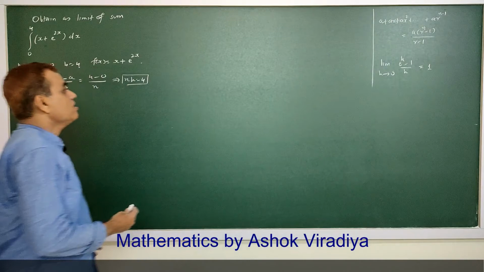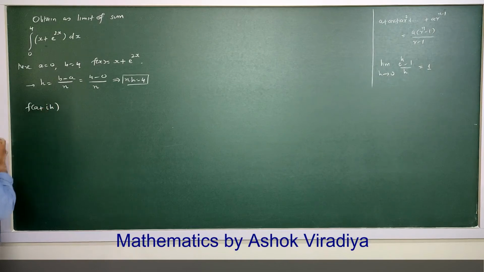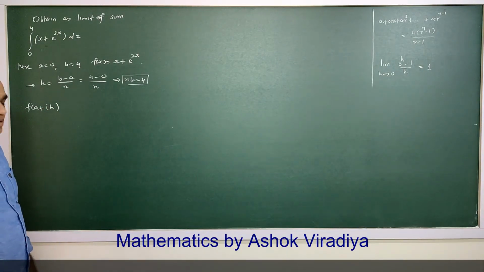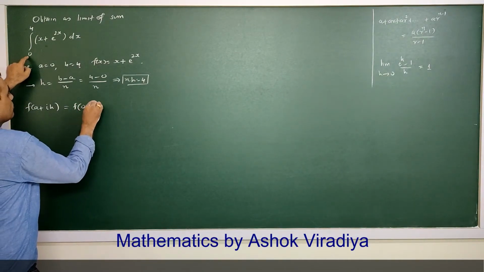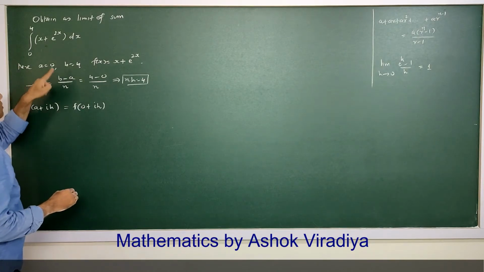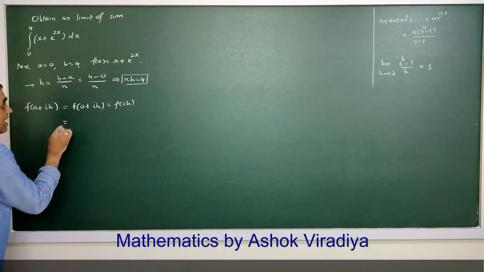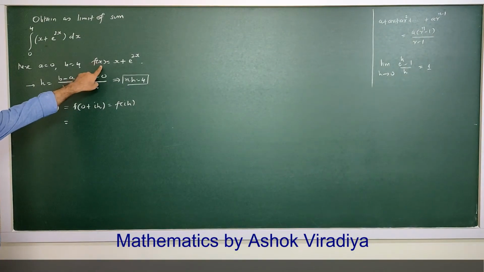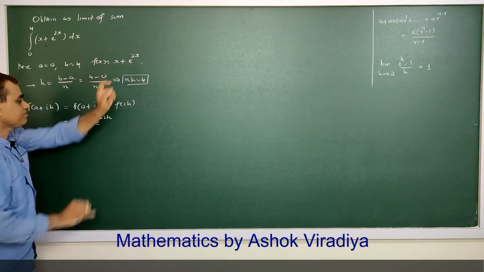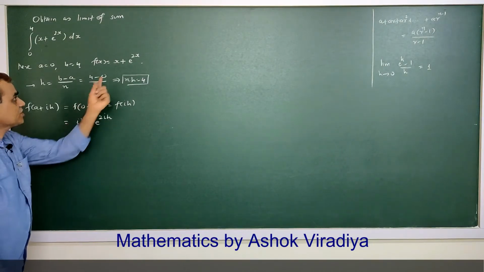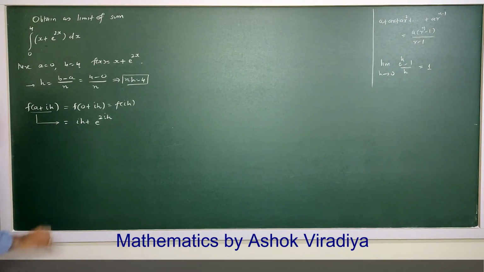So now f of a plus ih is required to put in the formula. f of a plus ih, putting a equal to 0, is f of ih, and putting ih here, f of ih is ih plus e raised to 2ih. So this is f of a plus ih.